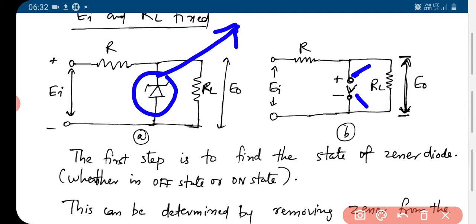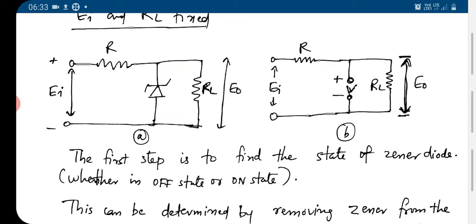V will be equal to the voltage across the load RL. So this open circuit voltage V is equal to the current passing through RL, that is IL, into RL.